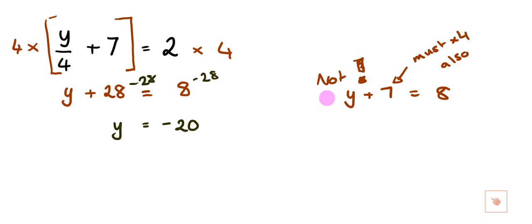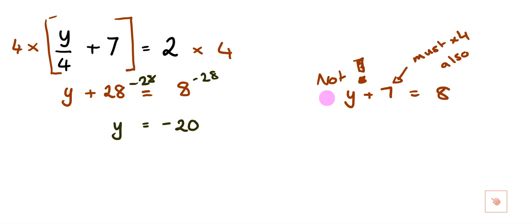So I know that if I divide the number by 4 and then add 7, I get the answer 2. So what I can do is I can unbuild it. Do you remember I said equations are like building onto the letter? You can unbuild it to figure out where I must have started.